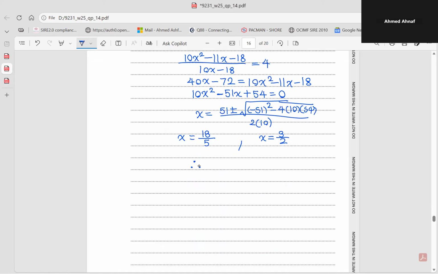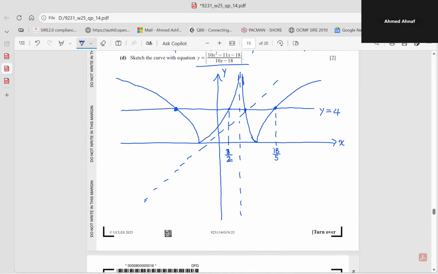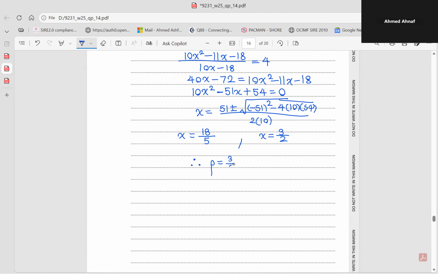So how do I explain? Therefore, P is 3 over 2, since P is the upper limit of the range that starts with a negative number.